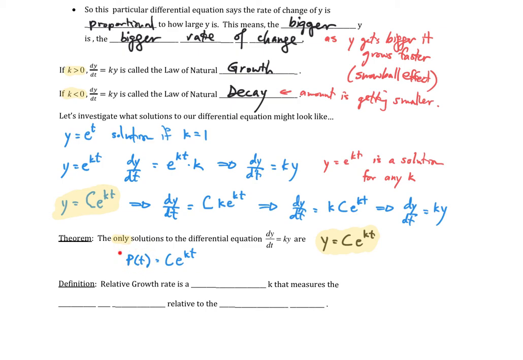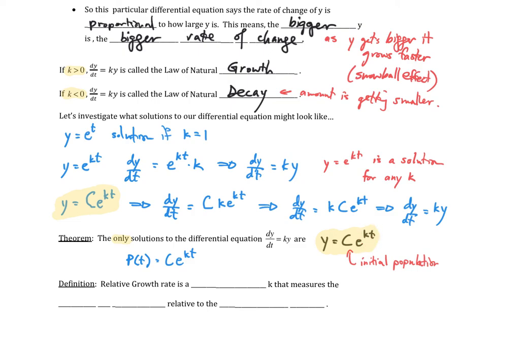Some of you might be wondering, is there something special about this letter C? And there is something special about that C. That C is frequently called the initial population. And we can see that that's going to be true because when you substitute in a 0 for t, at time equal to 0, that's the beginning, this whole e to the kt part is going to become a 1.